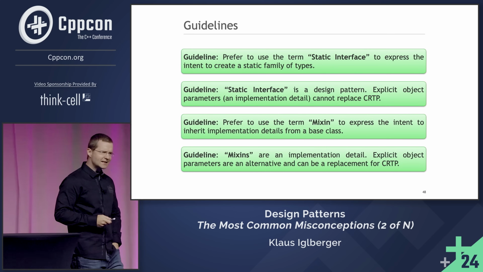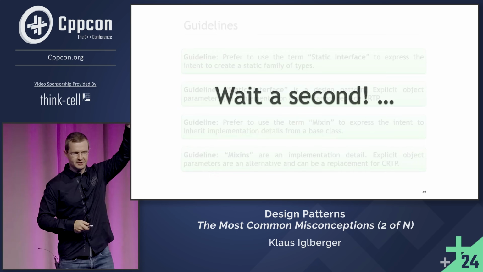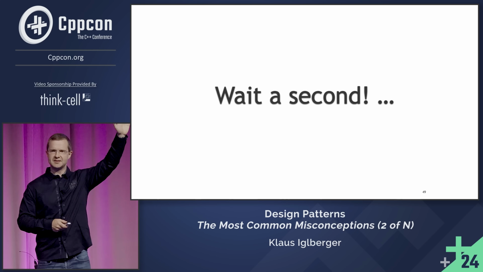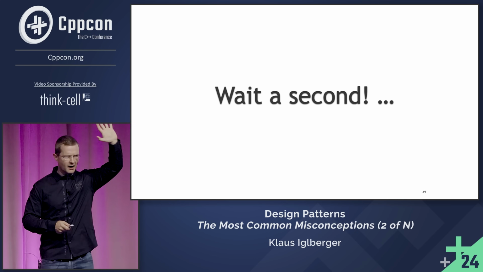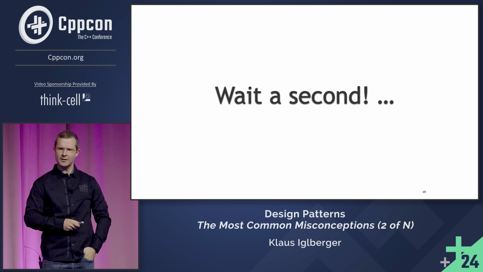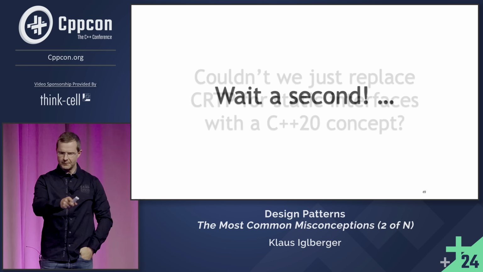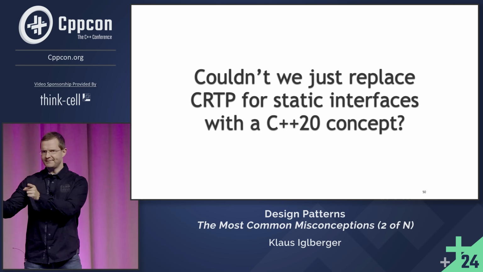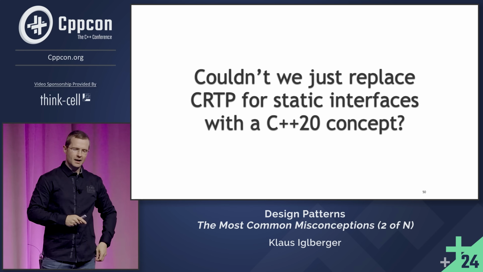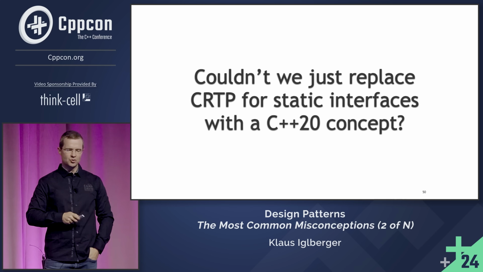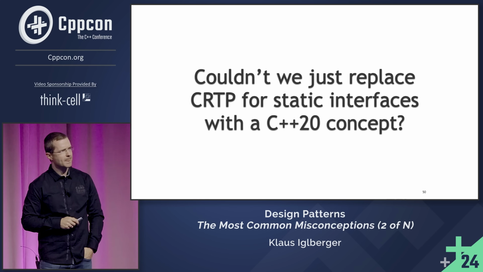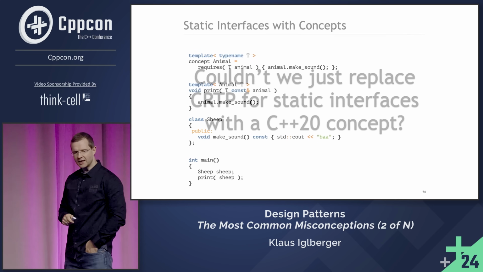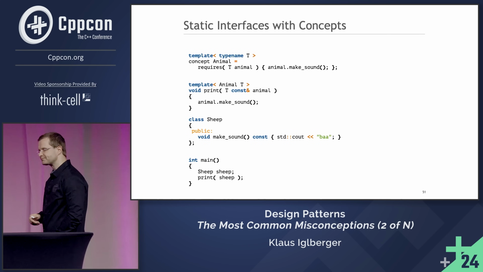But now, at least one of you cries out, wait a second, Klaus. I'm not entirely convinced about what you're saying here. I think we can even replace CRTP with something else. Look here, I have a suggestion. Can we just replace CRTP, the static interface form, with the C++20 concept? Interesting suggestion. And so perhaps you're thinking about the following idea.